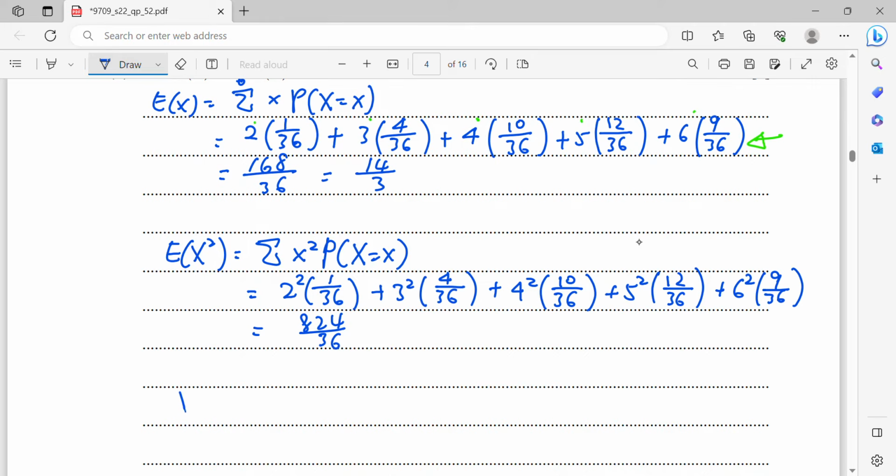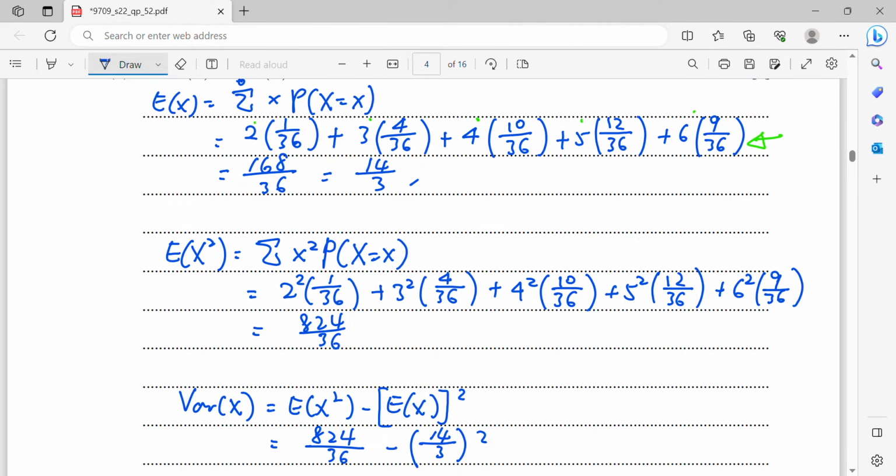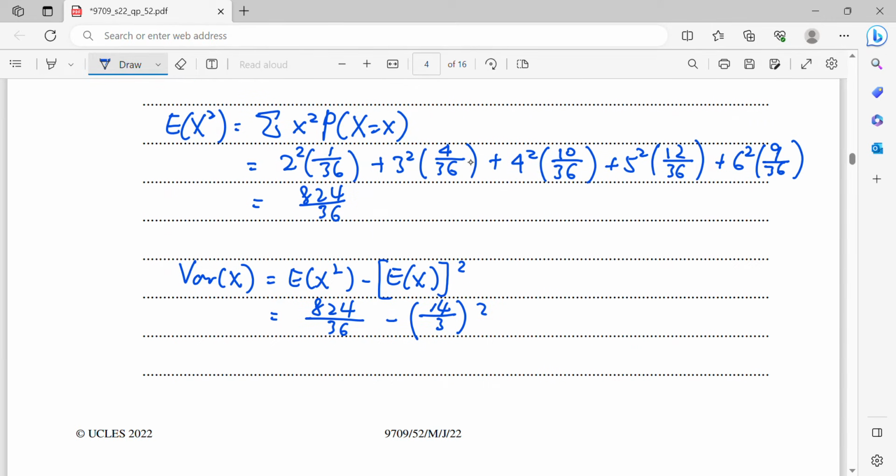So at last, Var(X) will be E(X squared) minus the square of E(X). So I will get 824 over 36 minus the square of 14 over 3. At last, you will be getting 10 over 9. So this is our variance.